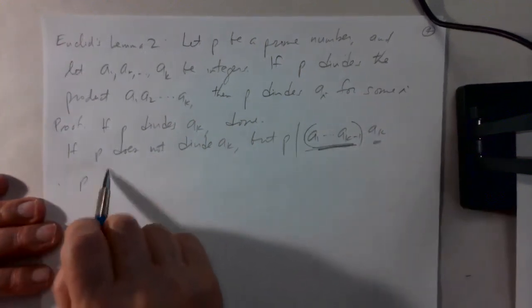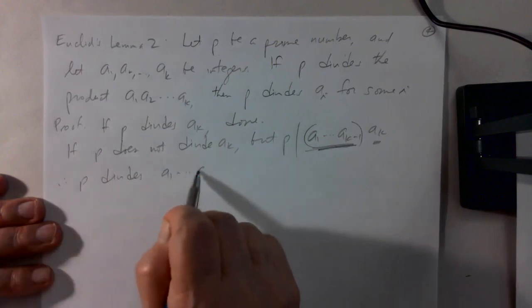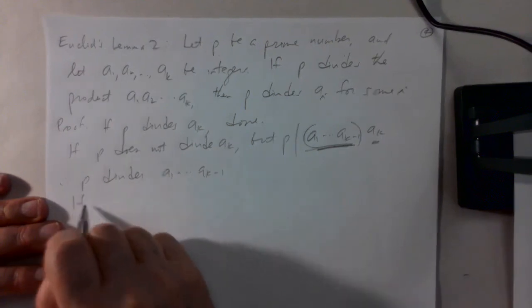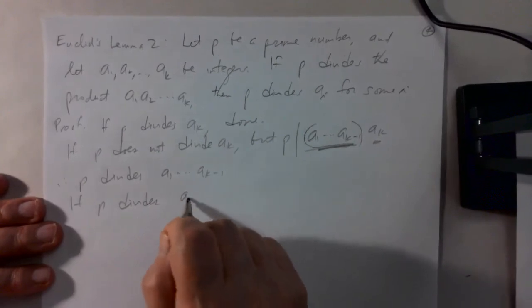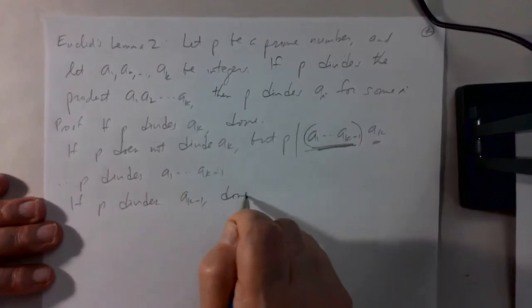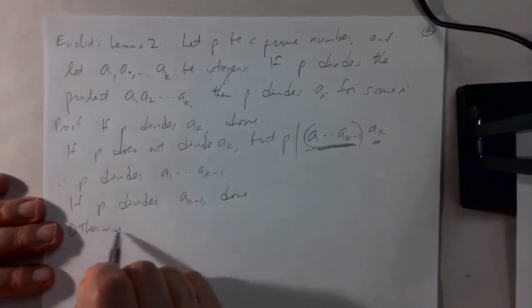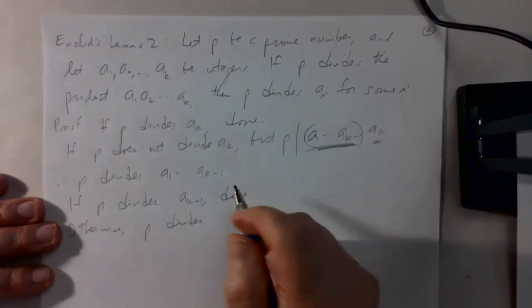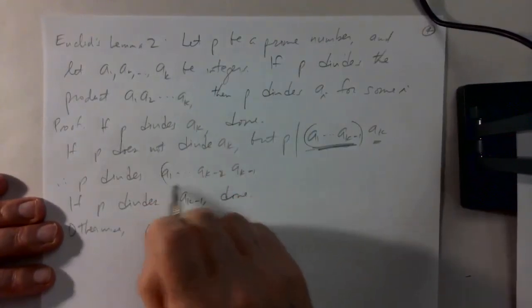So therefore, p divides a1 up to a sub k minus 1. And we repeat the argument. If p divides a sub k minus 1, we're done. Otherwise, this is like a1 up to a sub k minus 2 times a sub k minus 1.